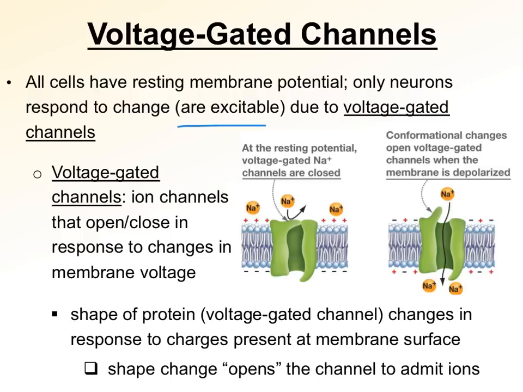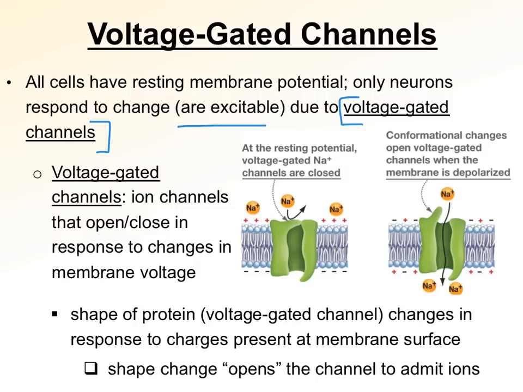They can transmit this change, and their ability to transmit is due to a specific type of channel found only in neurons as well as other excitable cell types such as muscles, which we'll talk about later on. And their ability to respond is due to what are known as voltage-gated channels. Voltage-gated channels are ion channels that can open or close in response to a change in voltage.